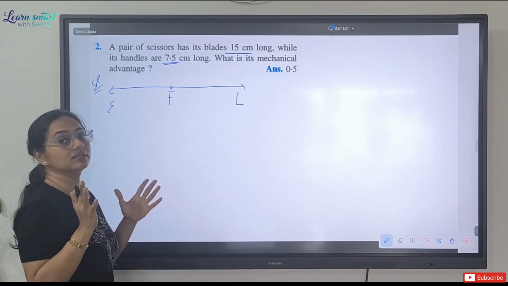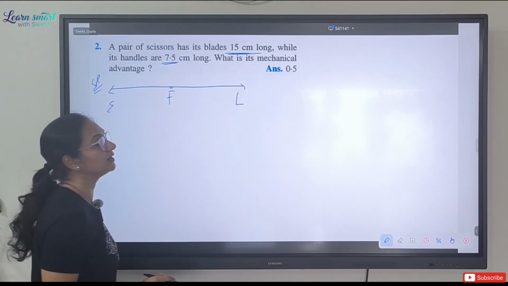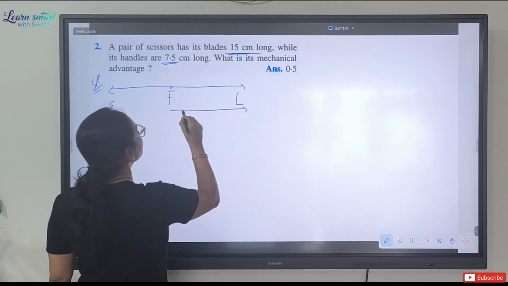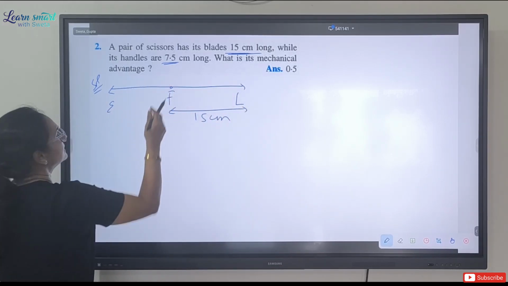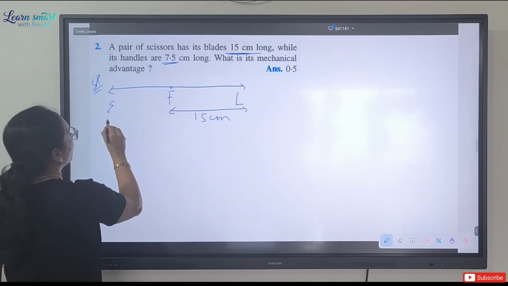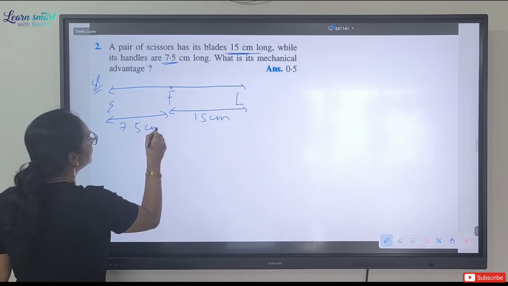Blades is where the load is. So when they are telling that the blade is 15 centimeter long, which means the load arm is 15 centimeter. And handles, their effort is applied. So handles are 7.5 centimeter long, which means effort arm is 7.5 centimeter.